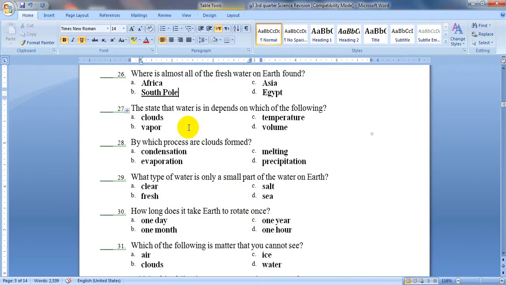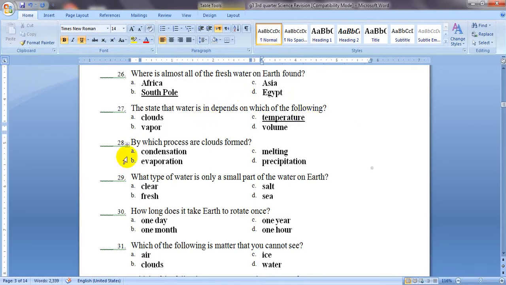All of them depends on what? Clouds, vapor, temperature, or volume. Of course, all of them depend on temperature, the heat. If we use or add heat, or we take away heat. So the state of water depends on temperature.